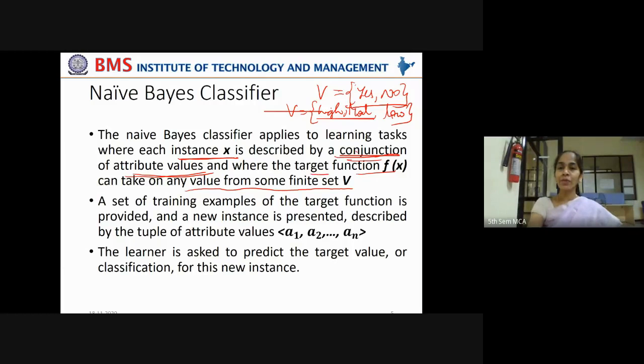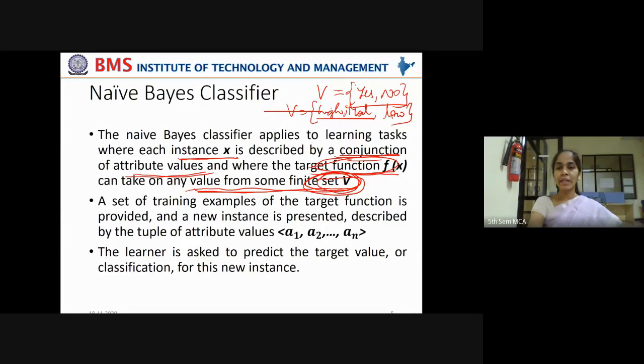Now, the target function f of x can take any value from some finite set V. This V contains the target labels, whether it is 2 or 3 or more than 3, right? This finite set V contains all the outcome variables, and the objective is to learn the target function f of x, which can take any of the values from this finite set V. Got it?